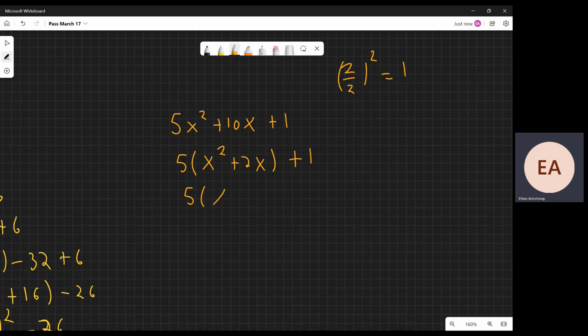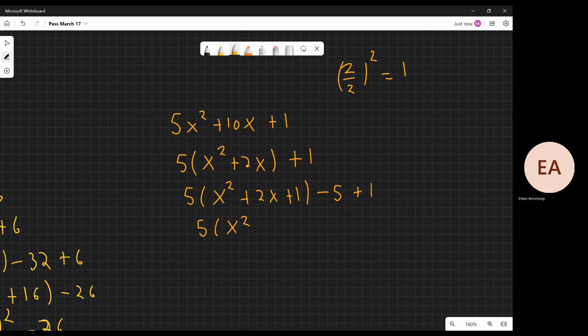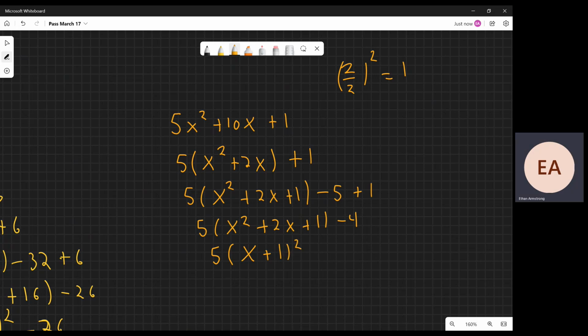So we're going to have 5 times x squared plus 2x plus 1. And then we added 1 multiplied by 5, so now we have to subtract 5. Now we will simplify this. Now we just factor this. So that would be 5 times x plus 1 squared minus 4.